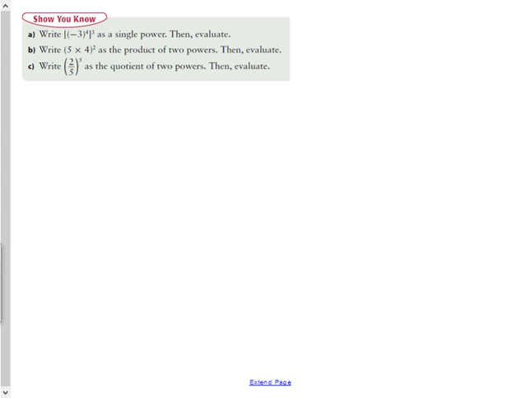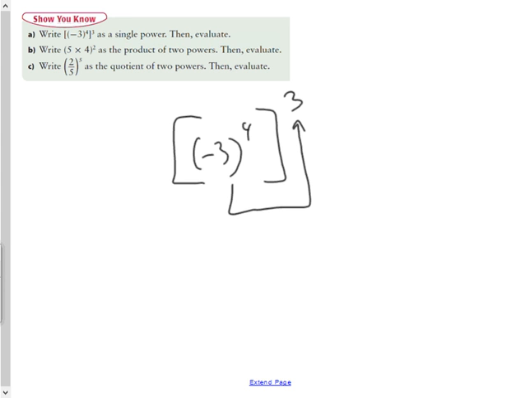The third one says write this, which is square brackets, negative 3 in brackets to the 4, and brackets cubed, as a single power. So what we really have is a power to an exponent. What does this look like?